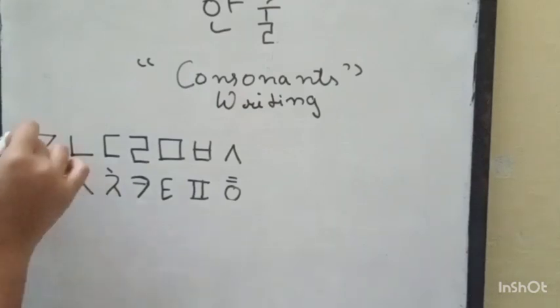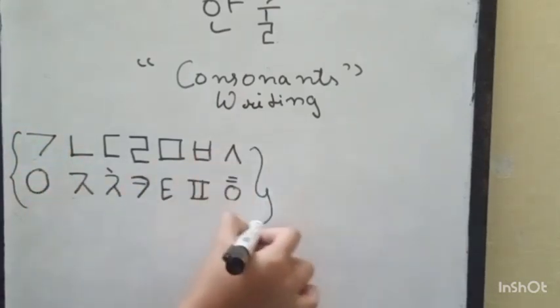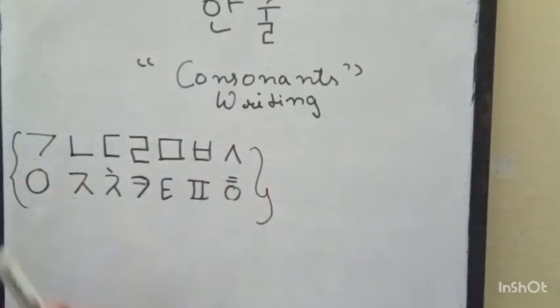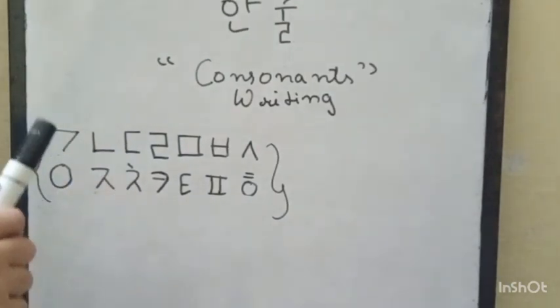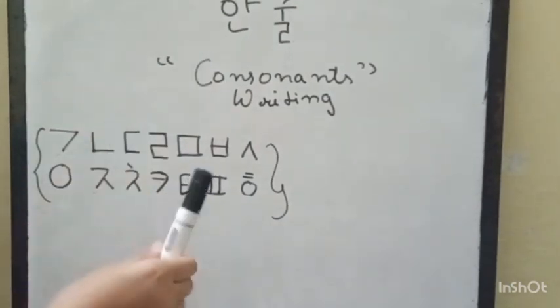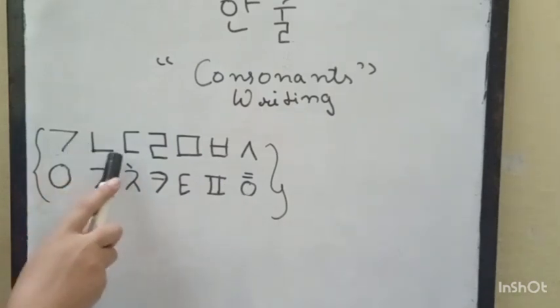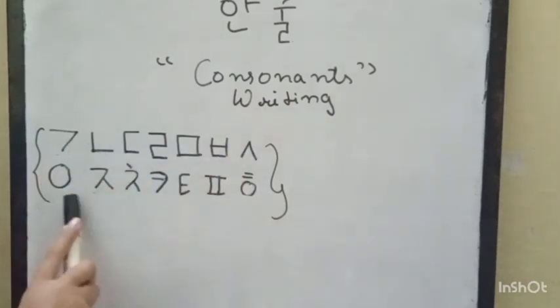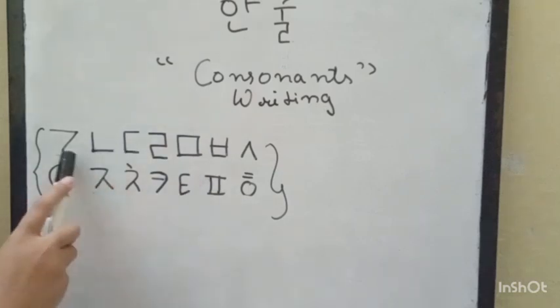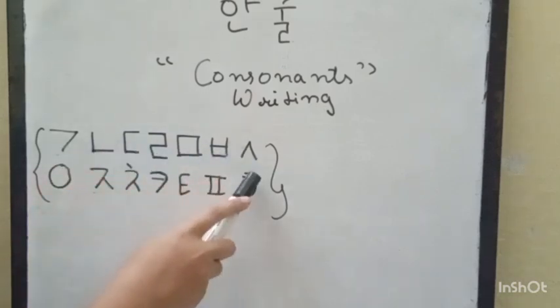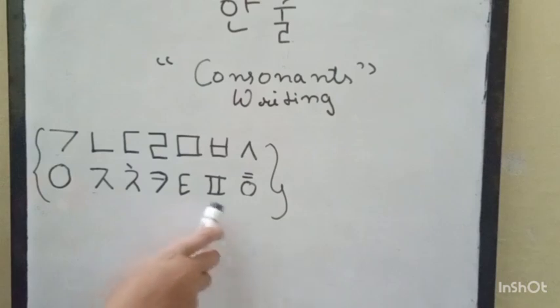So I think consonants writing practice is also done, and I think you guys are getting to know these letters better and better. Let us just revise it one by one. Now with our trick: Ga Na Da Ra Ma Ba Sa A Ja Cha Ka Ta Pa Ha. So this was the consonants practice.